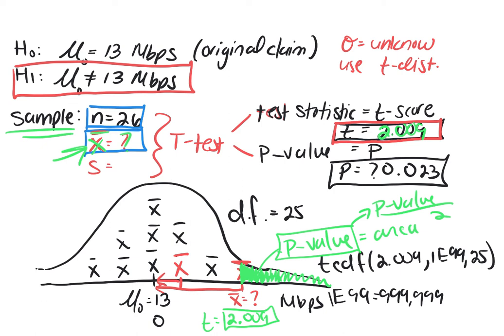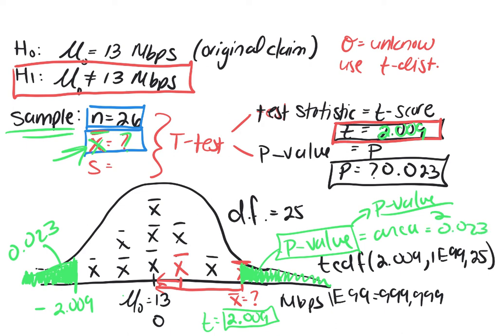The other half of your p-value you're going to find on the left tail. This is always the case when you have a two-tail test. On the left-hand side here, the test statistic that separates the green region on the left is going to be negative 2.009. So I have an area on the left of 0.023, and on the right, this area right here is also 0.023.